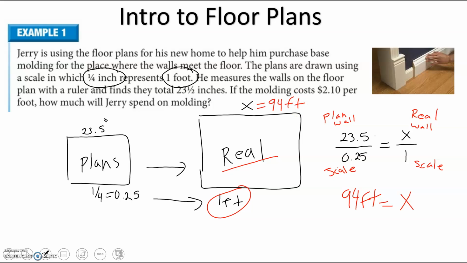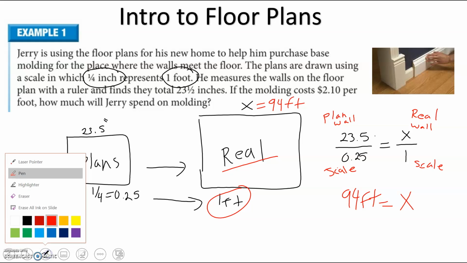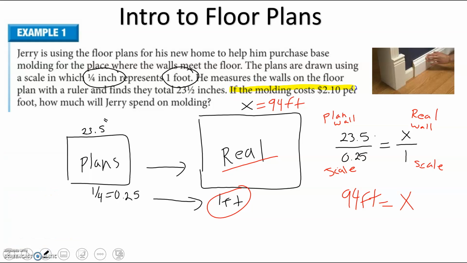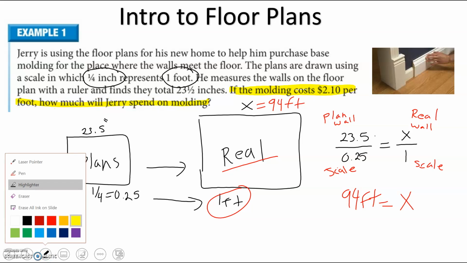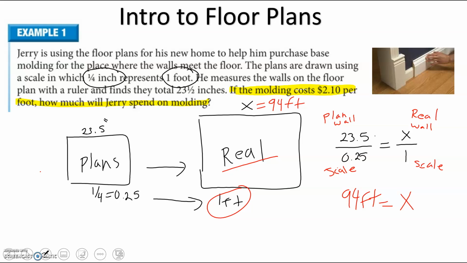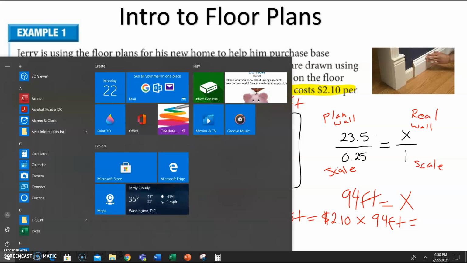Now, we want to answer the question. The actual question being asked here is, if the molding costs $2.10 per foot, how much will Jerry spend? Well, we can see here that he needs 94 feet of molding. So we're going to put our cost at $2.10 times the 94 feet that he needs. Let's use our calculator again.